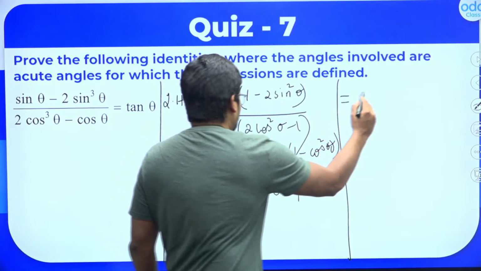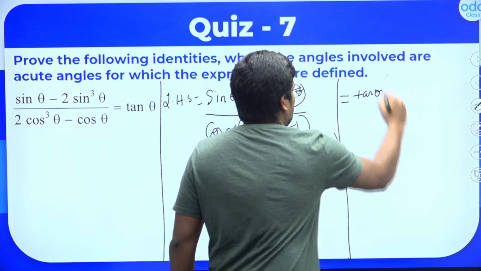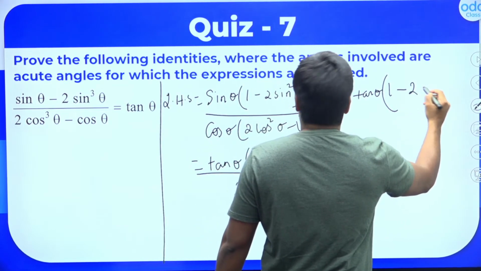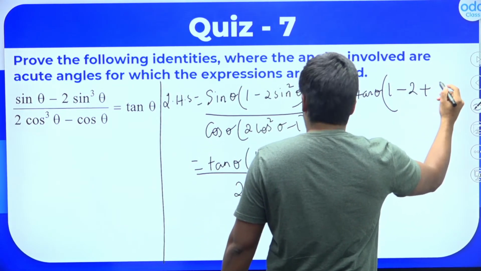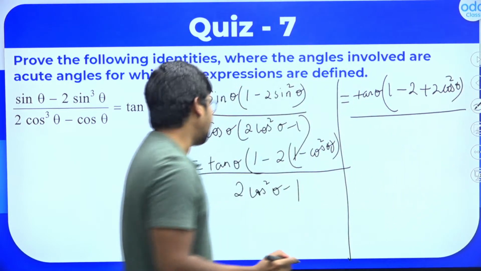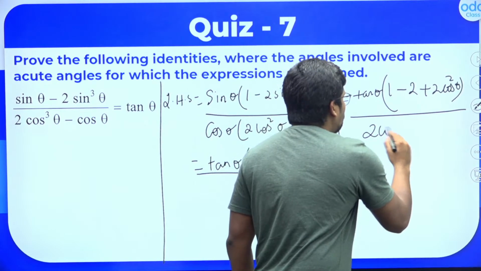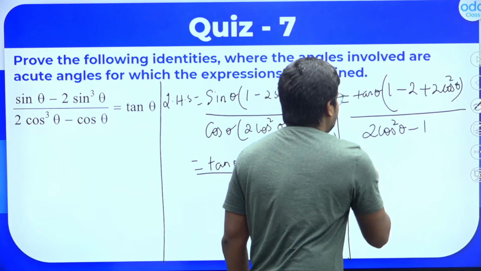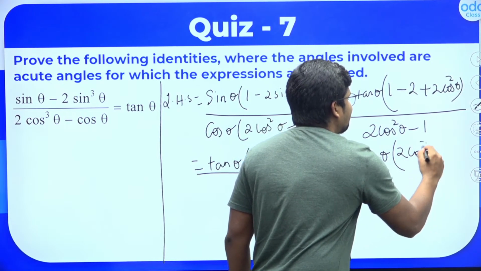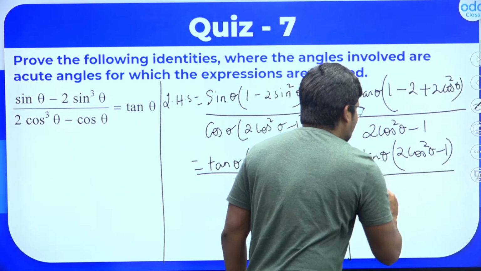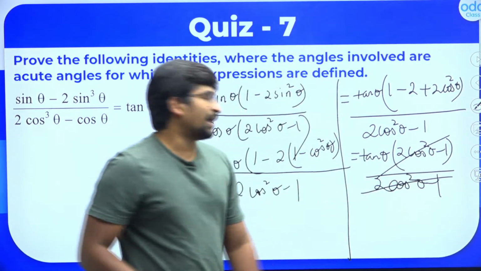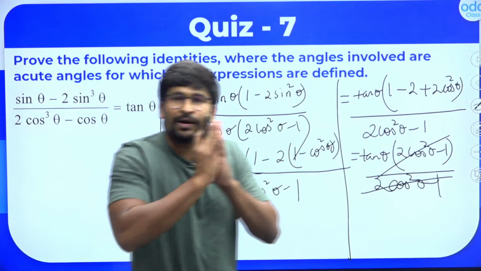further. So this should be tan theta into 1 minus 2 plus 2 cos square theta. This is what happens in the numerator, whole divided by 2 cos square theta minus 1. So this is equal to tan theta into (2 cos square theta minus 1) whole divided by (2 cos square theta minus 1). 2 cos square theta minus 1 and 2 cos square theta minus 1 gone.